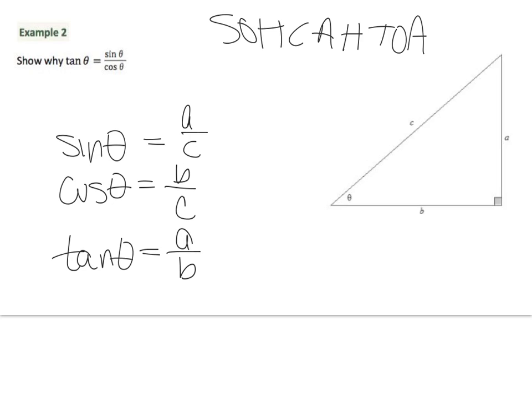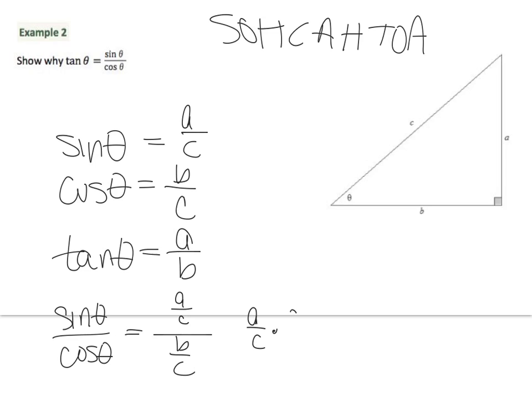Well, let's look at what sine theta over cosine theta gives us. So I have A over C over B over C. When you're dividing fractions, you're really multiplying by the reciprocal of the bottom.